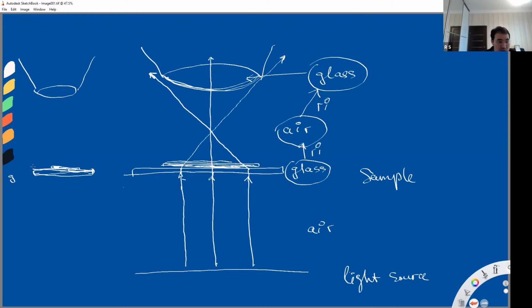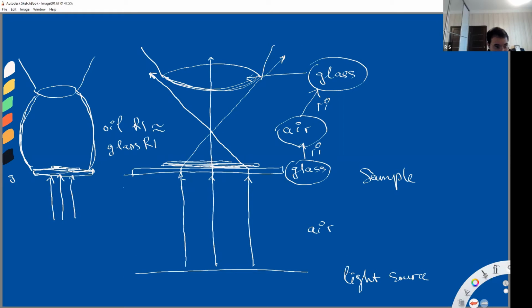And if we put oil here, that kind of covers both glass surfaces, and this oil refraction index is almost the same as the glass refraction index, then all the light rays that come, when they go through this limit or border of the media, they will not be refracted, they just go through and we collect more information.